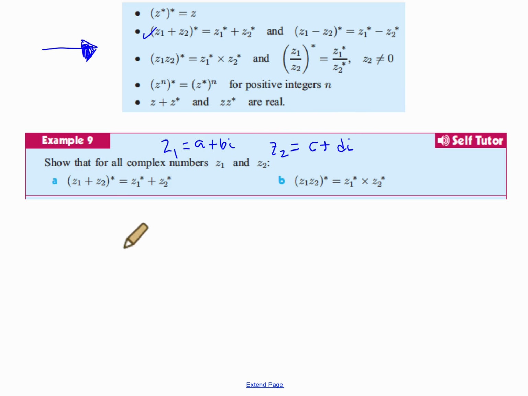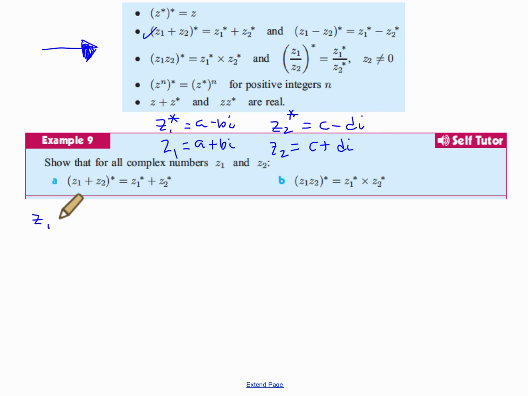Okay, so we're going to go from left to right. So, well, I guess before I do that, if this is true, z sub 1 star, the conjugate, is going to be a minus bi, and z sub 2 star is going to be c minus di. Sorry about that. So let's start here.